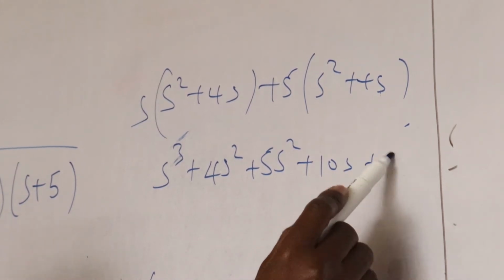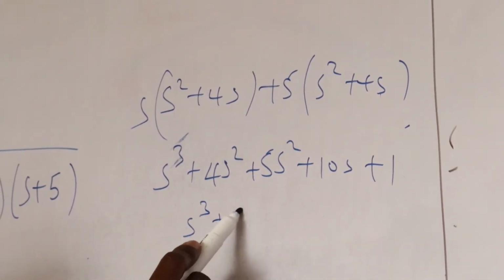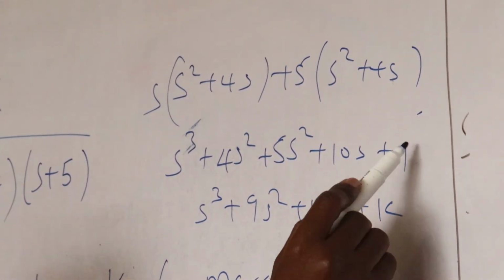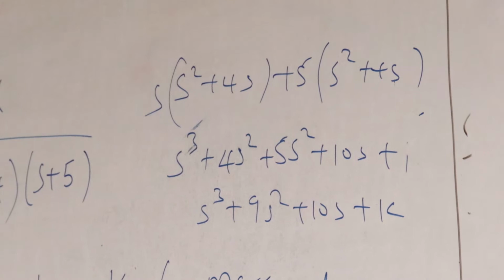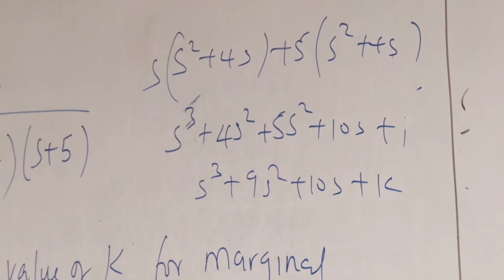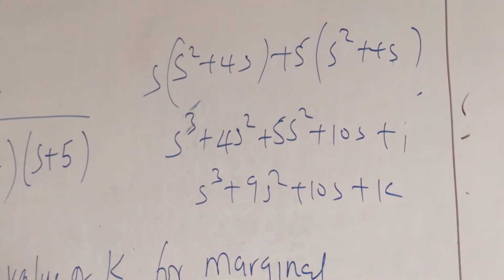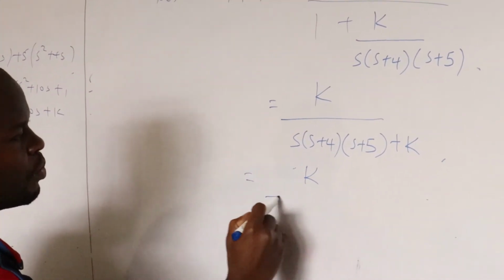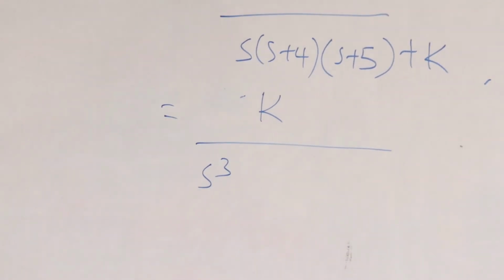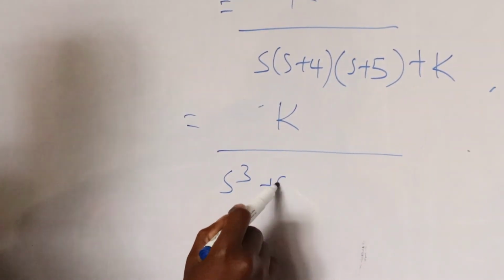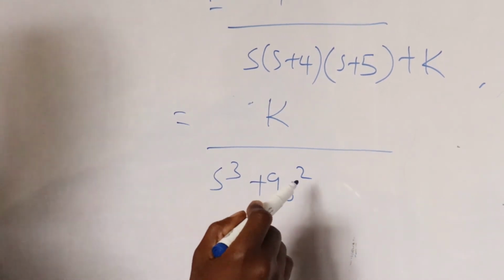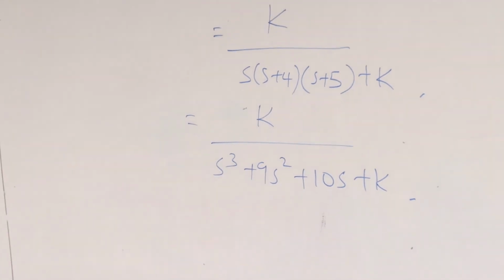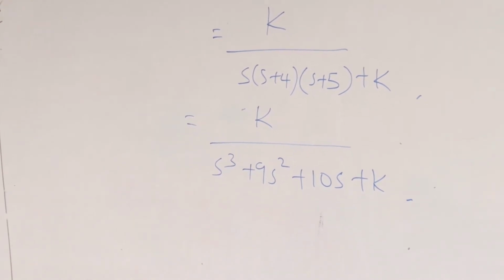Then plus K. So this is going to be S cubed plus 9S squared plus 20S plus K. So it is K all over S cubed plus 9S squared plus 20S plus K.